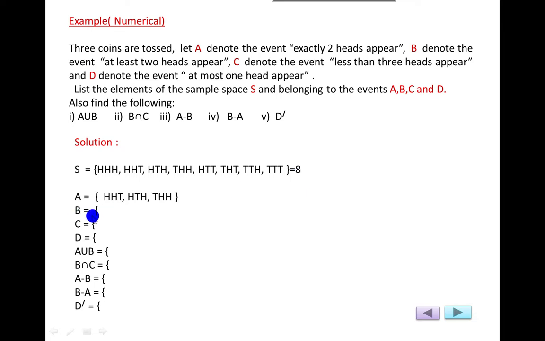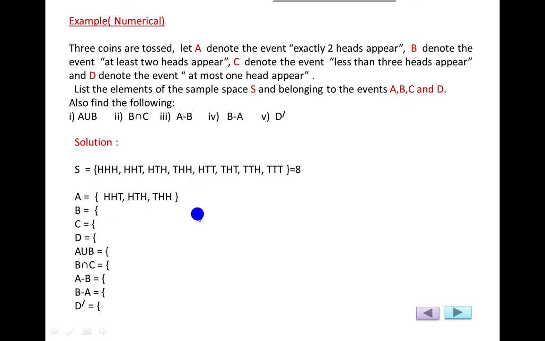Same as B. This is for your homework. B denotes the event at least 2 heads appear. At least 2 heads, minimum 2. Not less than 2, but maybe more than 2. So at least 2 means these 3 with 2 heads and the one with 3 heads. Minimum 2, maybe more than 2. So we will select 4 members.